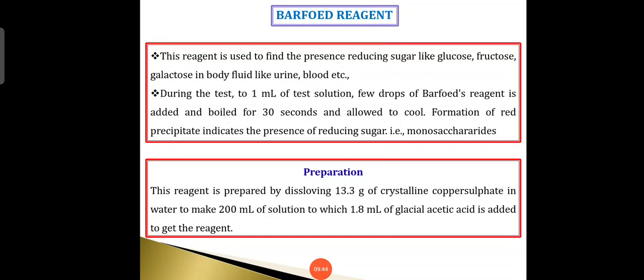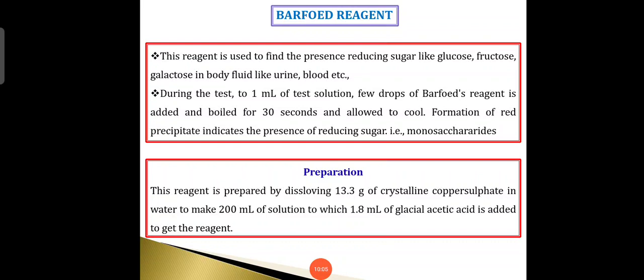So during this test, to 1 ml of test solution, few drops of Barfoed reagent is added, that means the given solution, and boiled for 30 seconds and allowed to cool.